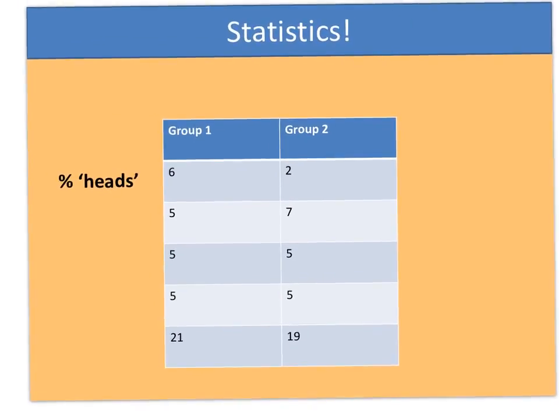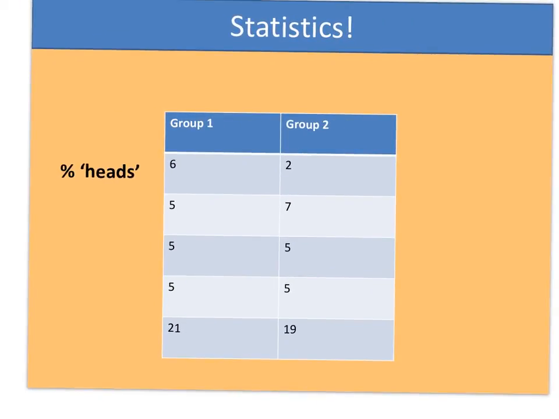Okay. Now, we have two groups, or let's just say we have 4 people. And each person flips a coin 10 times. The first person in group 1 got 6 heads, 4 tails, and then the second, third, and fourth got 5, 5, 5. Two groups, the first one got 2 heads and 8 tails, 7 heads and 3 tails, and then 5 and 5.